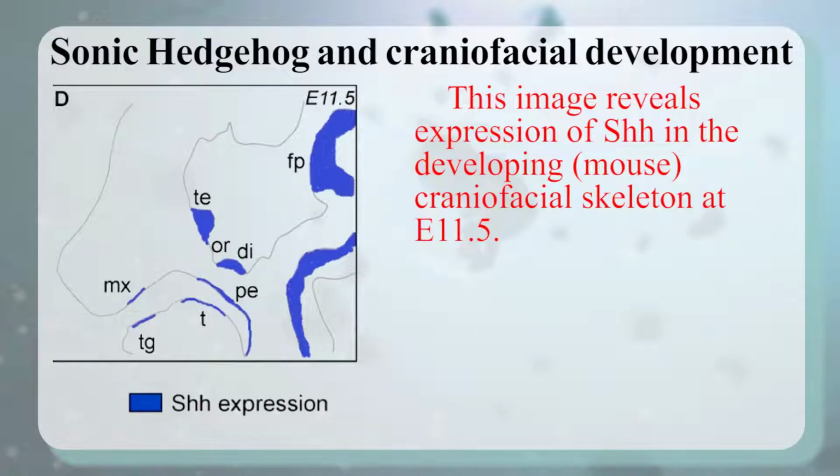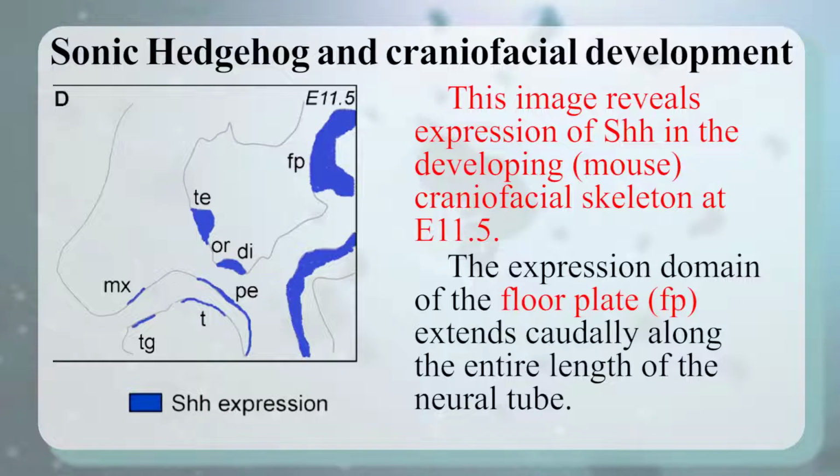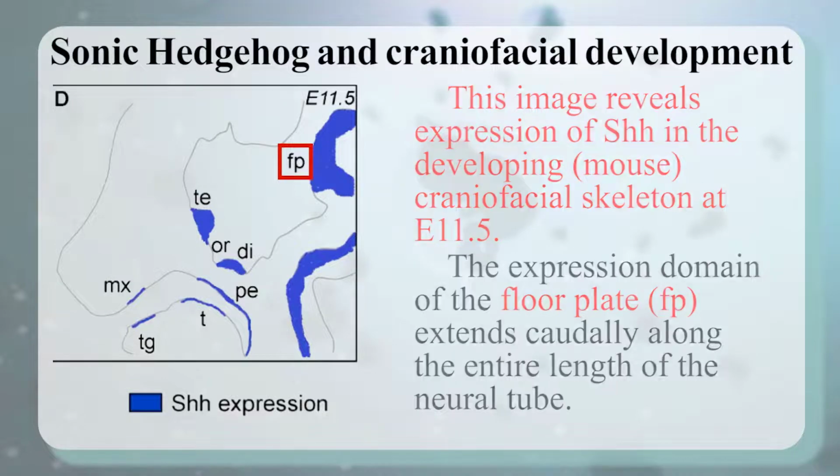This image reveals expression of SHH in the developing craniofacial skeleton at embryonic day 11.5. The expression domain of the floor plate, FP, extends caudally along the entire length of the neural tube.